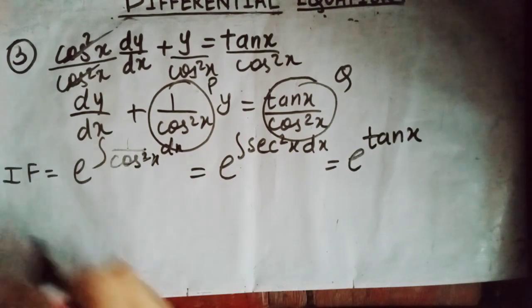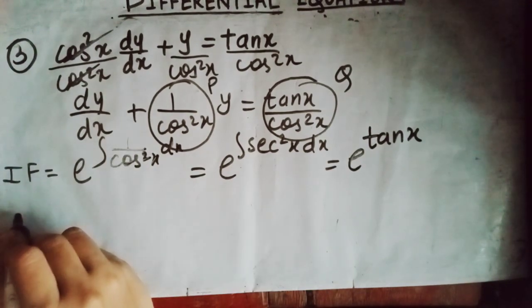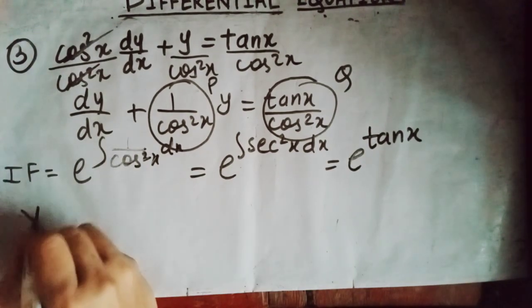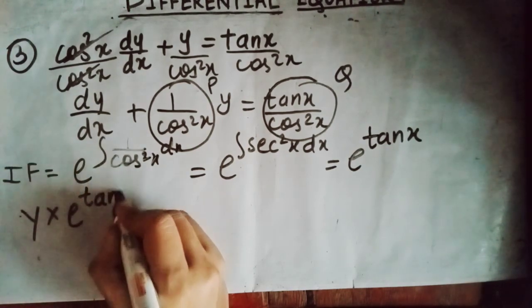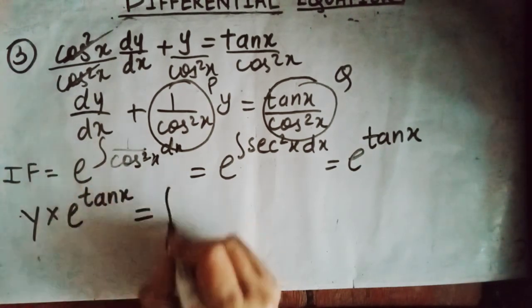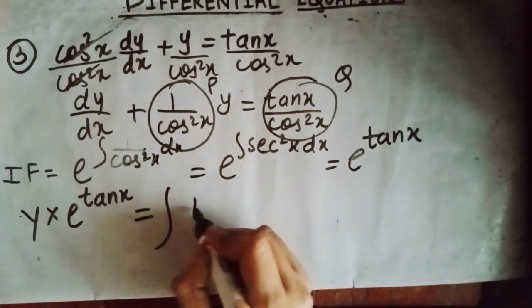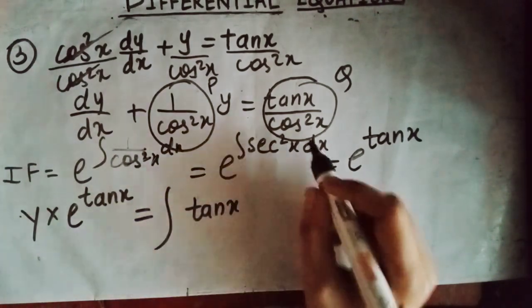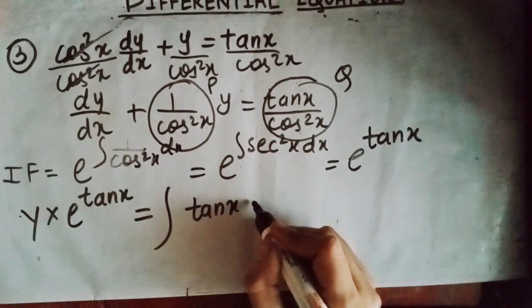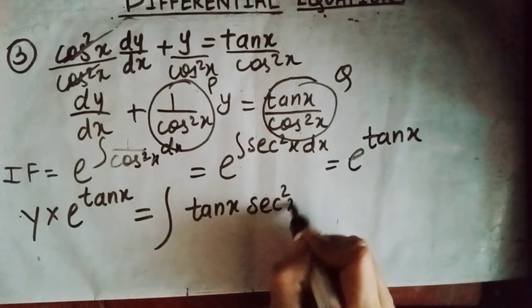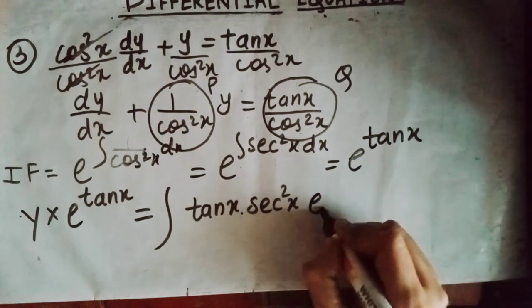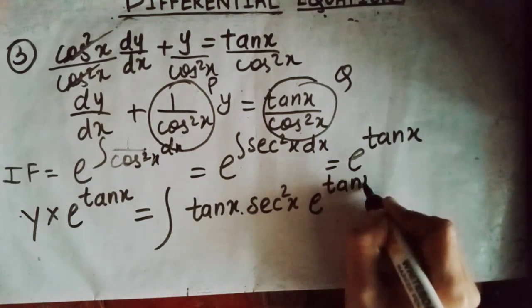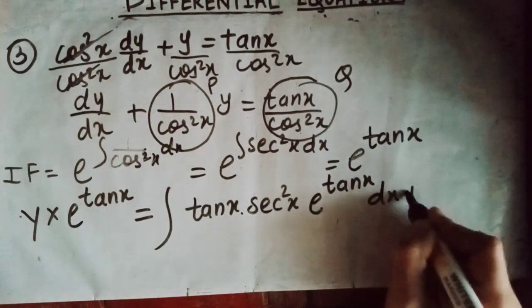Okay, let's just put this in the equation. Y into integrating factor e raised to tan x equal to integral q, which is tan x into 1 upon cos square x, which we can write as sec square x, into integrating factor e raised to tan x dx plus c.